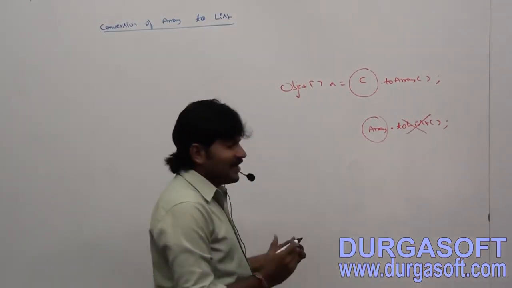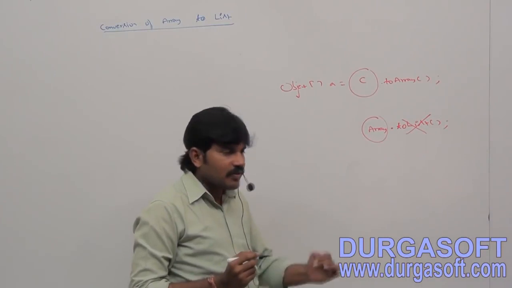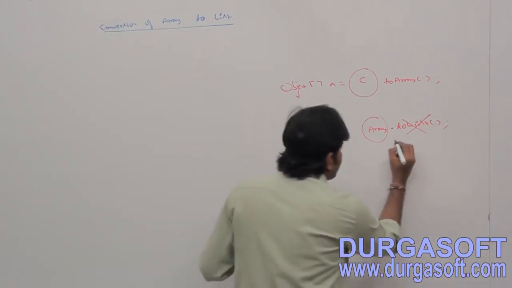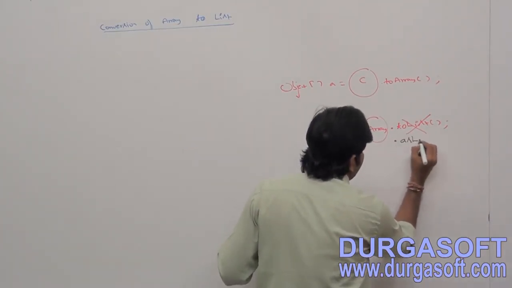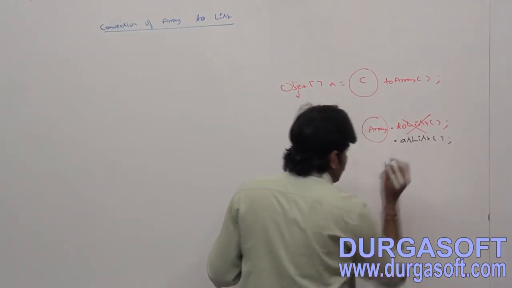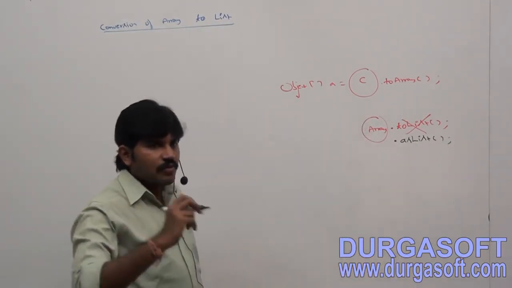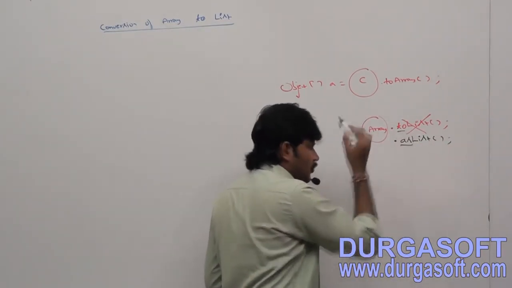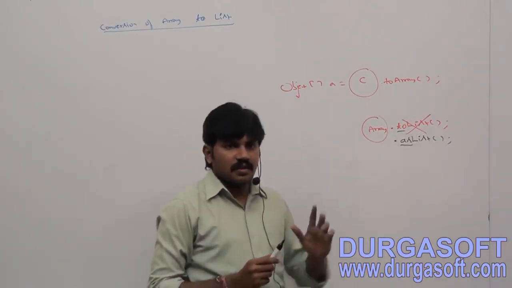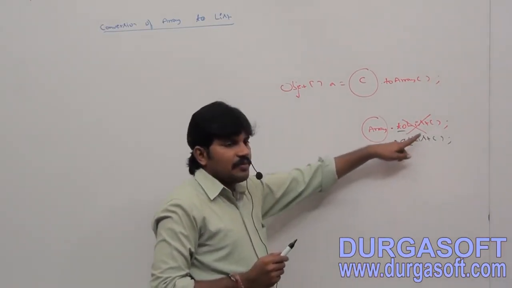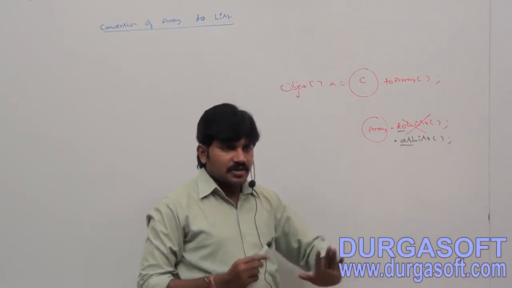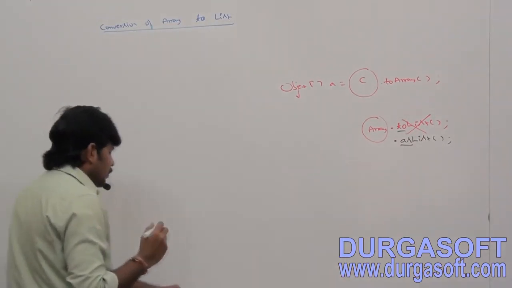Now observe. To convert an array to a list, we have the asList method. Why the word 'as' instead of 'to'? There is a big reason, and I will explain it anyway.